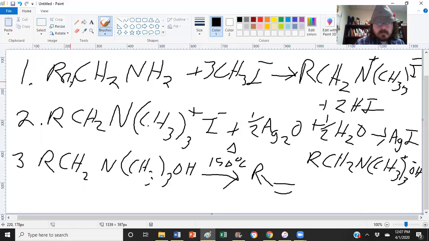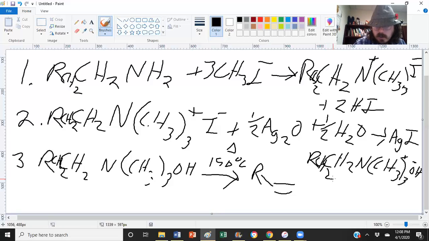We're essentially losing a hydrogen from the second group. We're pulling it out of the R group.